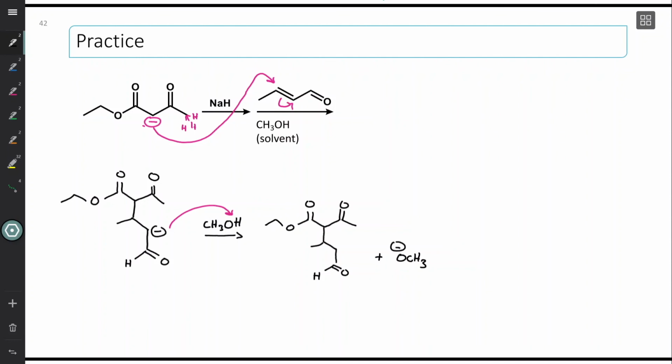The next step, we have another base here, and it's seeing these protons, and now these protons are fairly acidic. Now, yes, there's still a proton here, and that will get deprotonated as well, but this is not going to do the Robinson annulation, so we're just going to focus on what happens if you form this enolate.